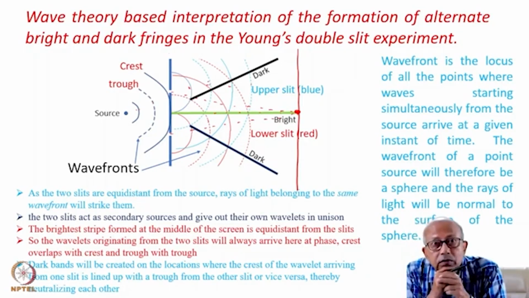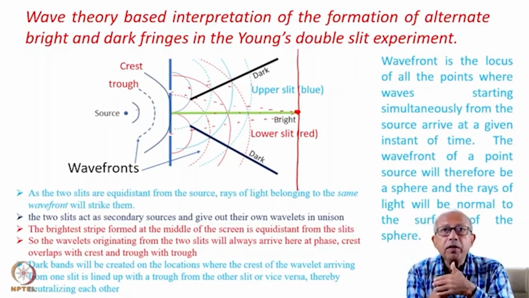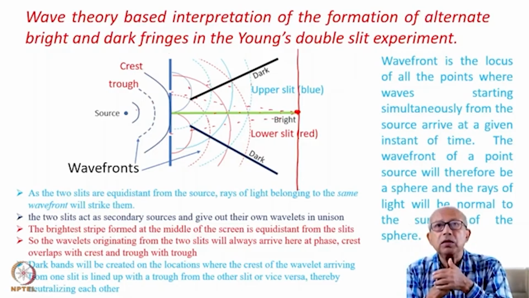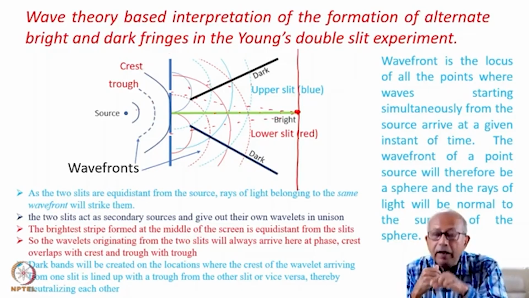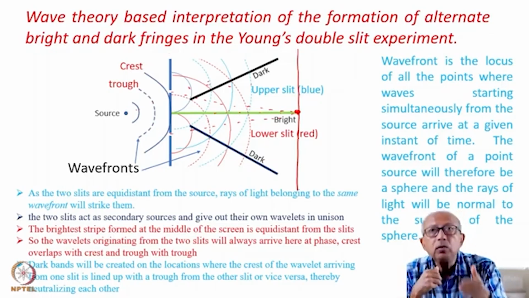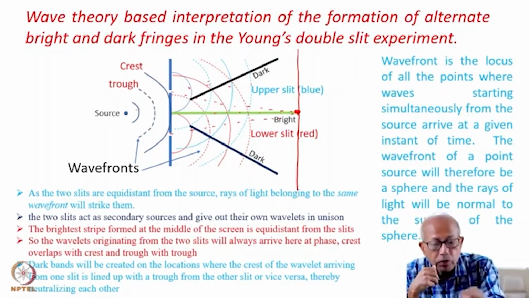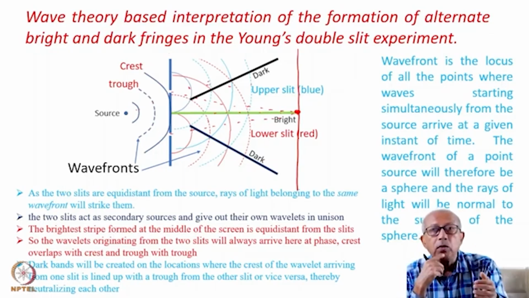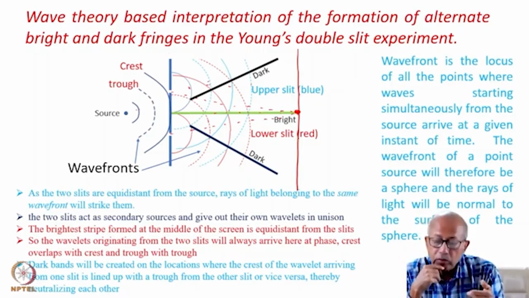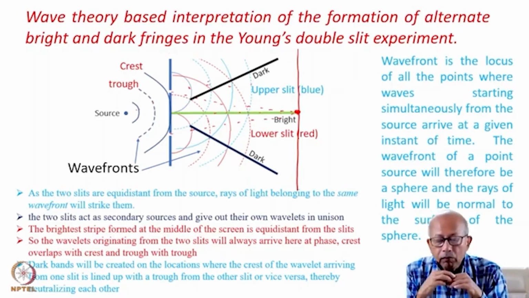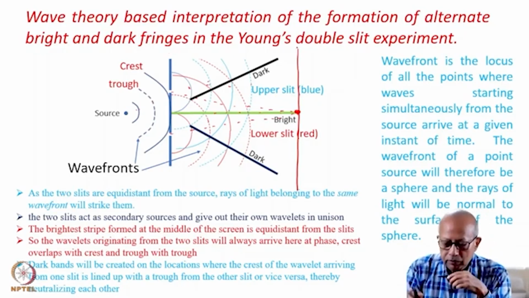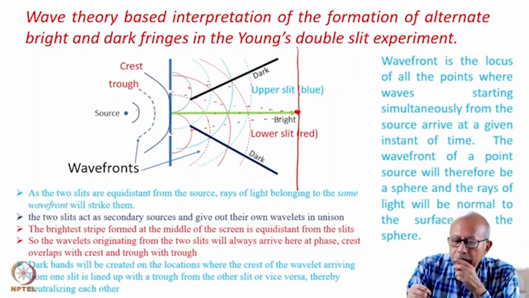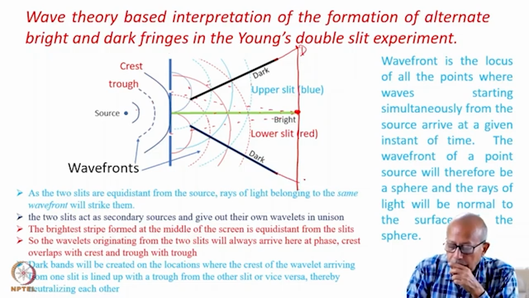So they will interfere and reinforce each other. The intensity will increase at this point, and light would indeed reach here, which the particle approach of light, the corpuscular approach, could not explain. And then let us turn our attention to the dark zone on the screen.